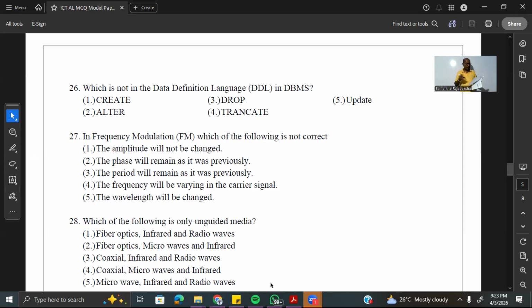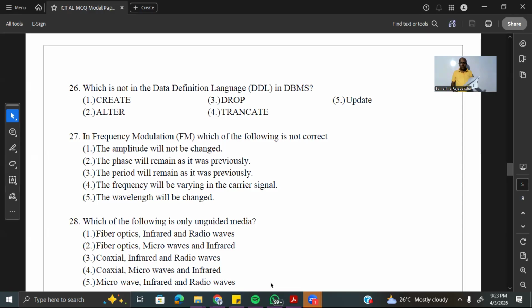The period is related to the frequency. Frequency will be varying in the carrier signal. So wavelength will be changed. That is correct. Frequency will be varied. That is also correct. The period will remain as it was?